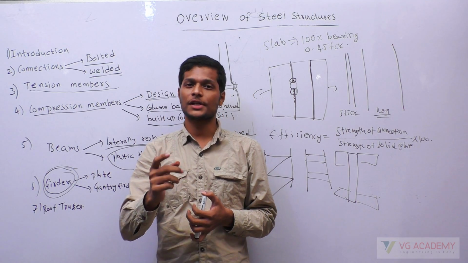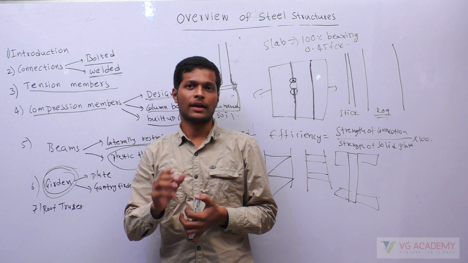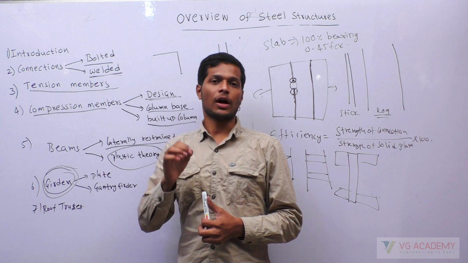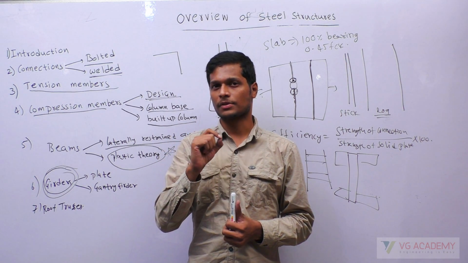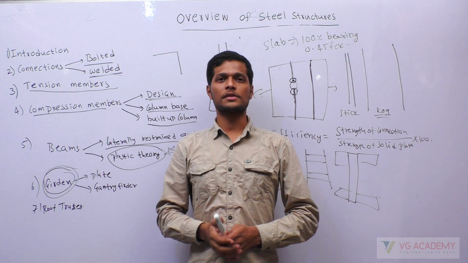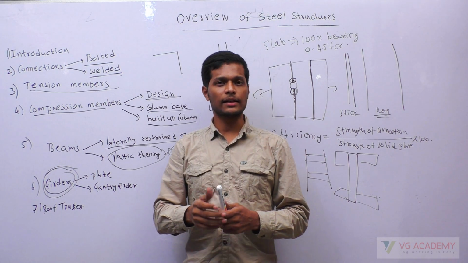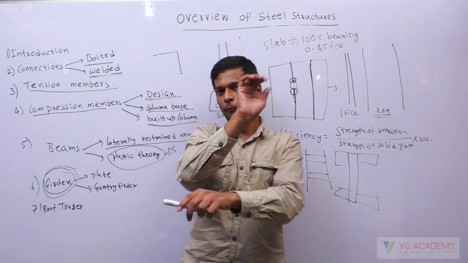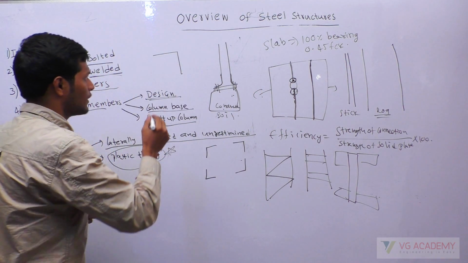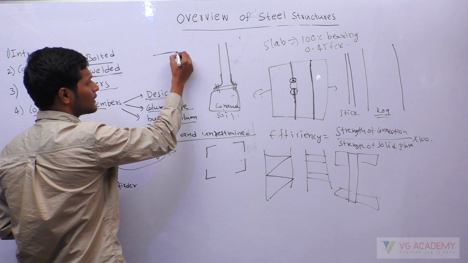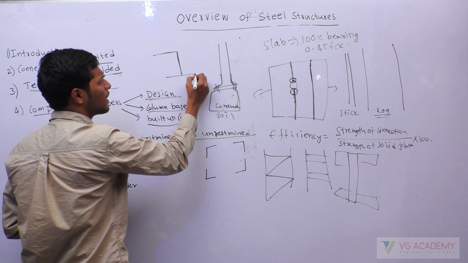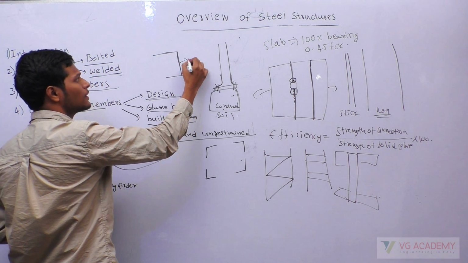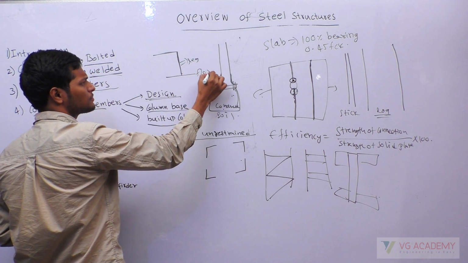To understand this, I will tell you one practical example also. If you have observed thin members sitting on the chair, they cannot sit straight like this. Either they will lean or they will place one leg over the other. Why they do that means, suppose they are sitting like this, this is the leg and this is the floor.